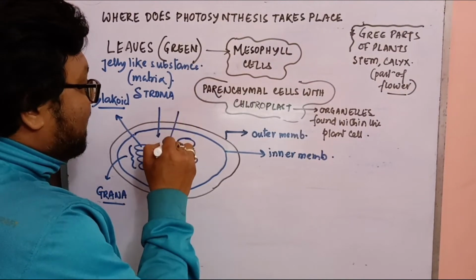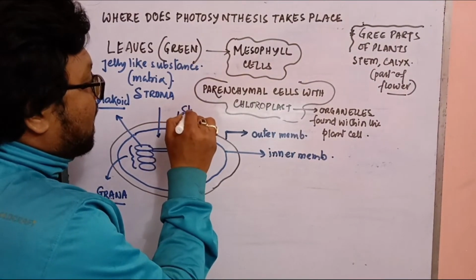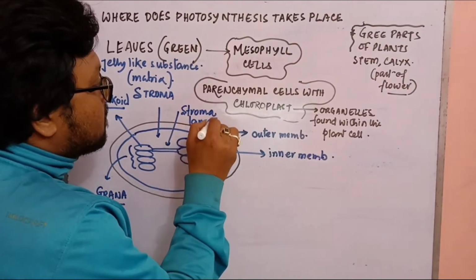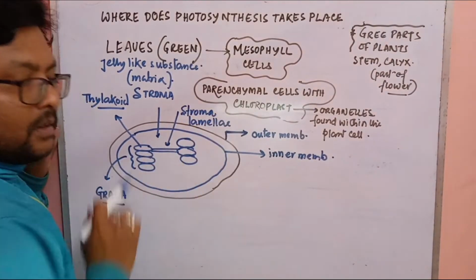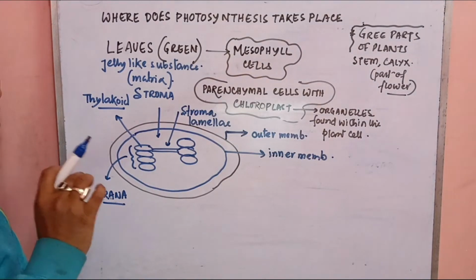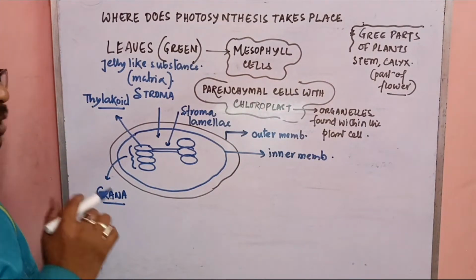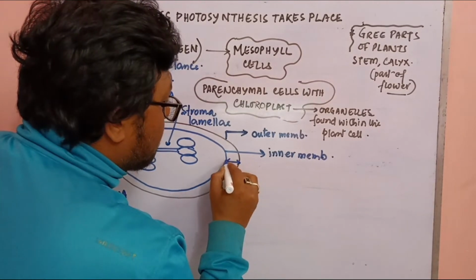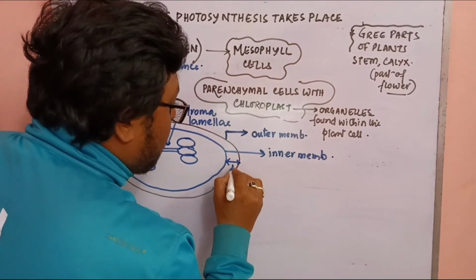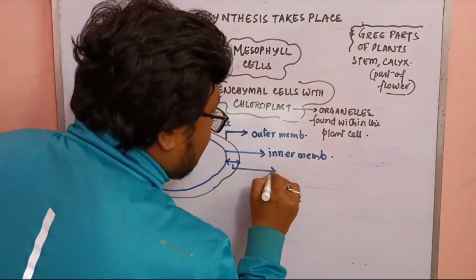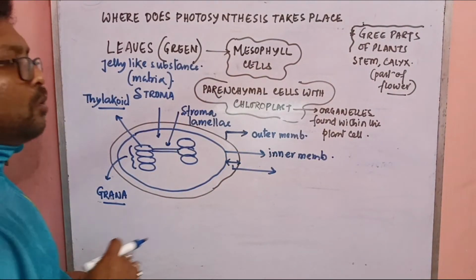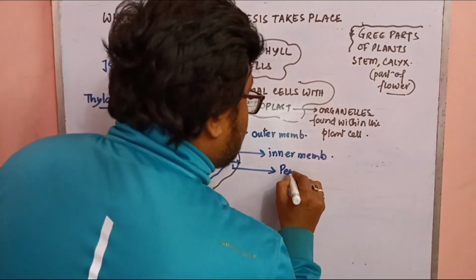They are generally interconnected through stroma lamellae. Now, the space in between this inner and outer membrane is also known as the periplastidial space.